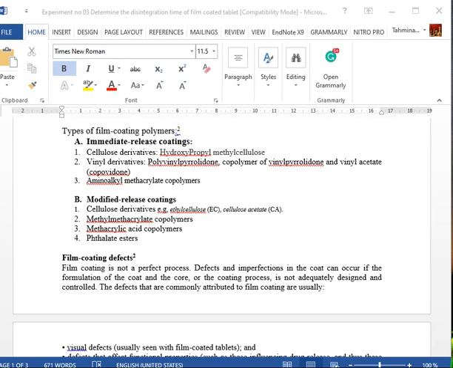The second type of film coating polymers is for modified release coating. Number one, cellulose derivatives. Examples: ethyl cellulose, EC, cellulose acetate, CA.